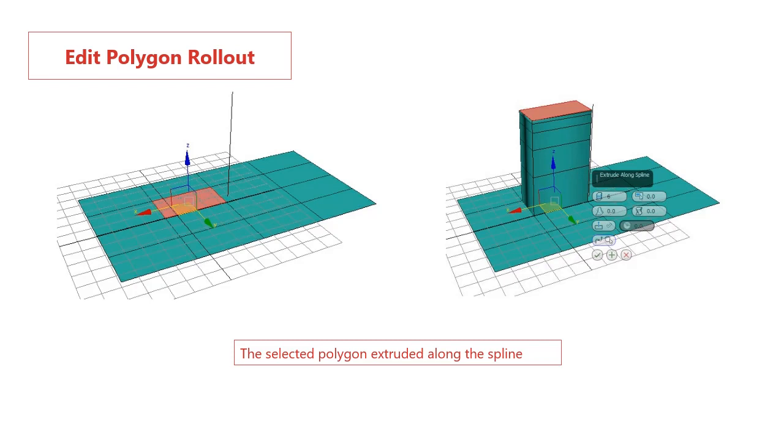The Extrude along Spline caddy control will be displayed in the viewport. Choose the Pick Spline button in the caddy control to activate it and then select the spline in the viewport. The selected polygon will be extruded along the spline. Set the parameters of the extruded spline using the options in the Extrude Polygons along Spline caddy control.